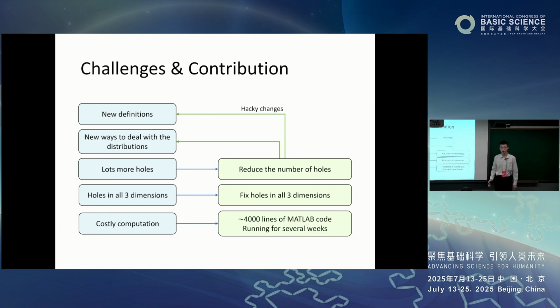We had to write 4,000 lines of MATLAB code and ran the code for several weeks in order to calculate what omega is. It is very rare that in a theoretical computer science project, you can see this amount of coding, right? But after all of those challenges are resolved, we finally can make another significant improvement to omega. So this is an overview of what we did in our 24 paper.